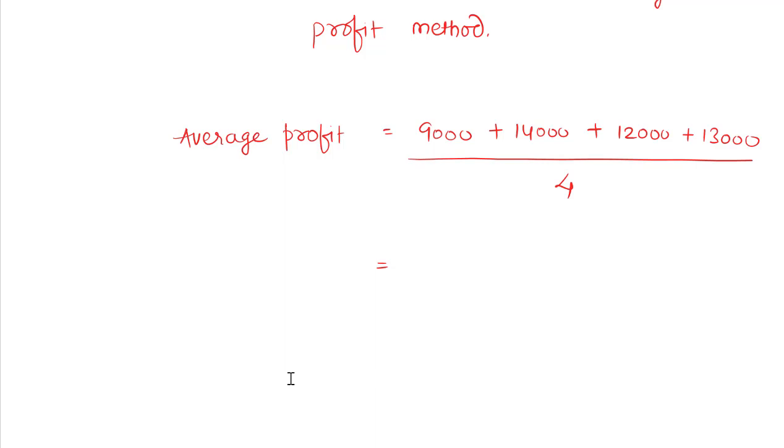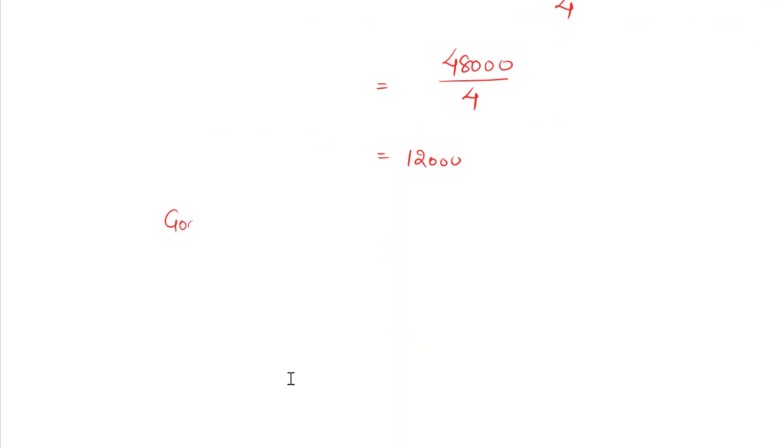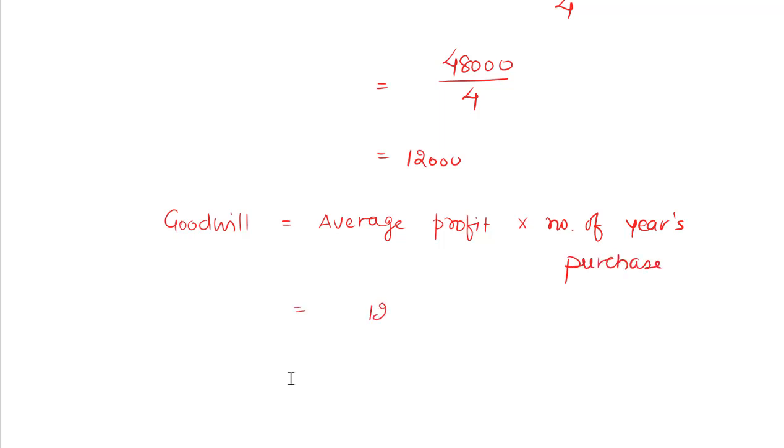This sum equals 48,000, divided by 4 is 12,000. Goodwill equals average profit into number of years purchase, which is 3 years. So 12,000 multiplied by 3 is 36,000, the valuation of goodwill.